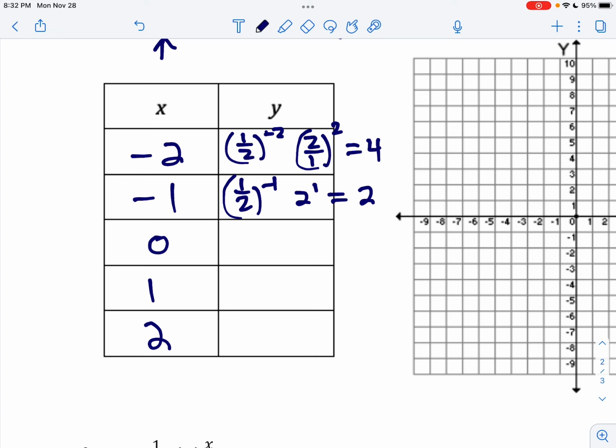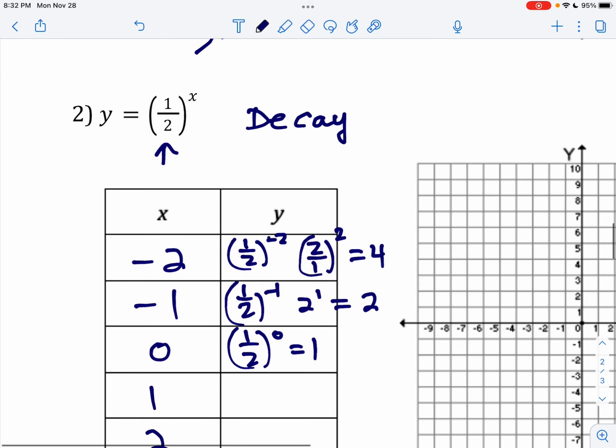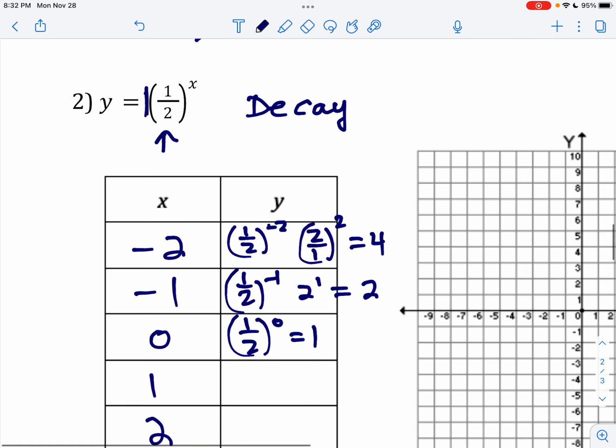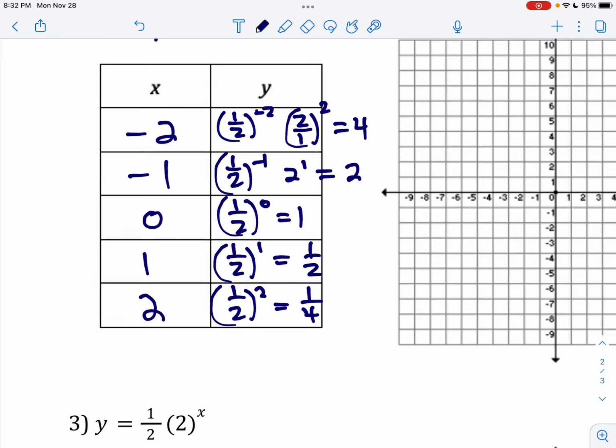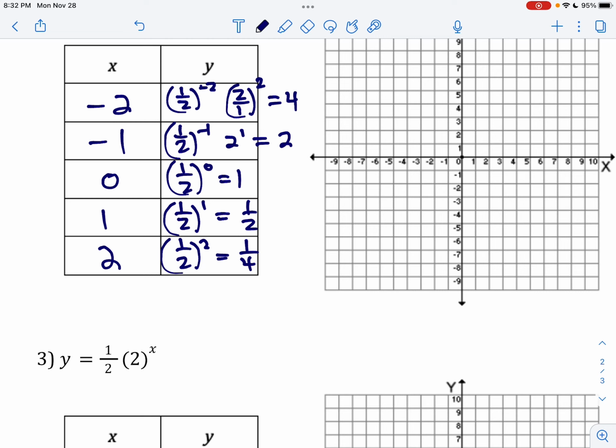If you forget, 1/2 to the 0 power is always 1, and if I look up here, I didn't have any a value, so it's 1. 1/2 to the first is just 1/2, and 1/2 to the second is 1/4. So 2 squared is 4, so that's 1/4.